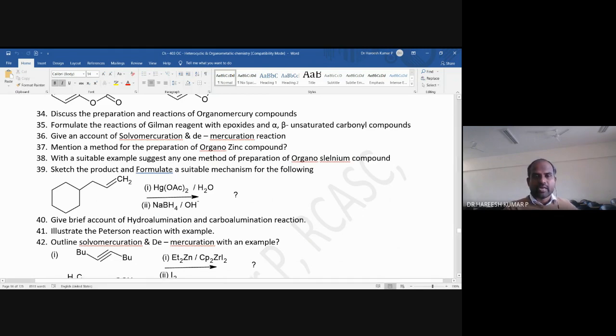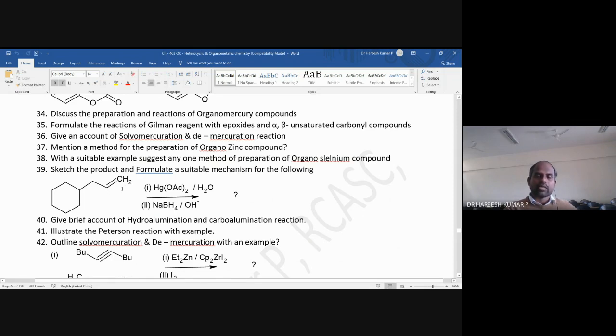Look here: sketch the product and formulate a suitable mechanism for the following. In the first step, it is called oxymercuration. That means mercury will form a bond with this terminal carbon atom and solvent will add to this carbon.